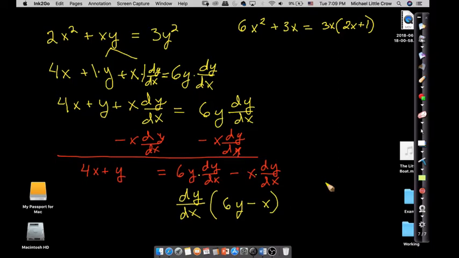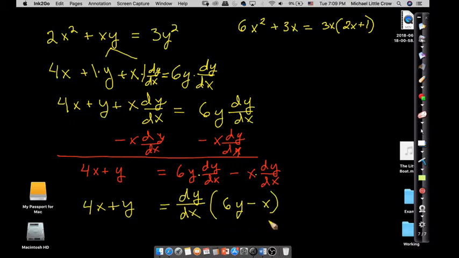So this is the trick, okay? You're going to see it: get them on the same side, factor it out. And what's left to do now? How do we get the dy/dx by itself?